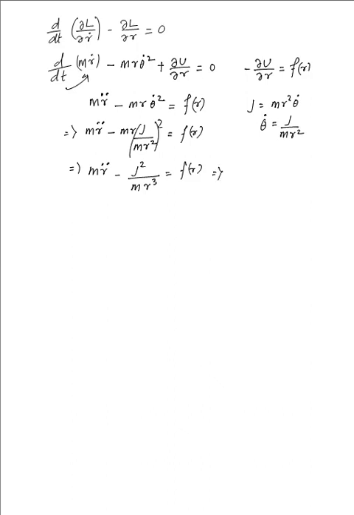So we keep the m r double dot over here and we take the J square onto the other side, where it won't be wrong if I write this one simply as minus del by del r of half J square by m r square plus u.